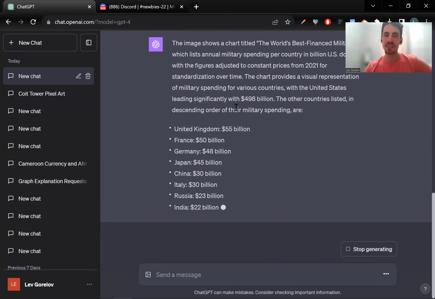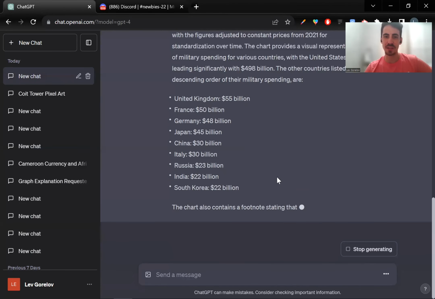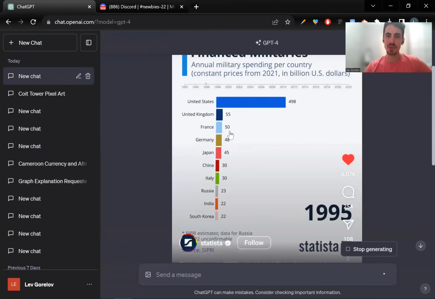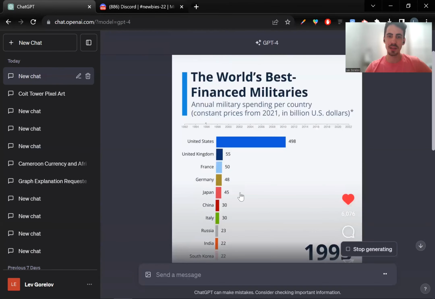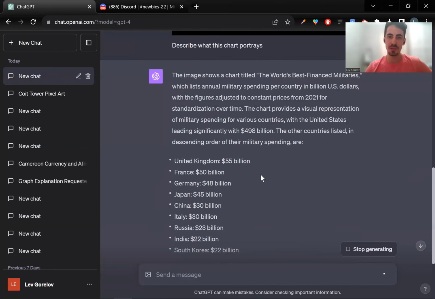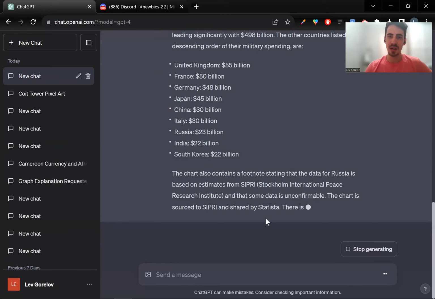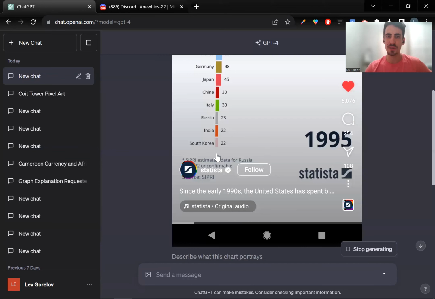The United States is leading significantly with $498 billion. That is correct. And then it lists the other ones: United Kingdom, France, Germany, Japan. All of these numbers check out. It correctly interpreted all of these numbers. The chart contains some footnote for Russia's based on estimates from CPRI.